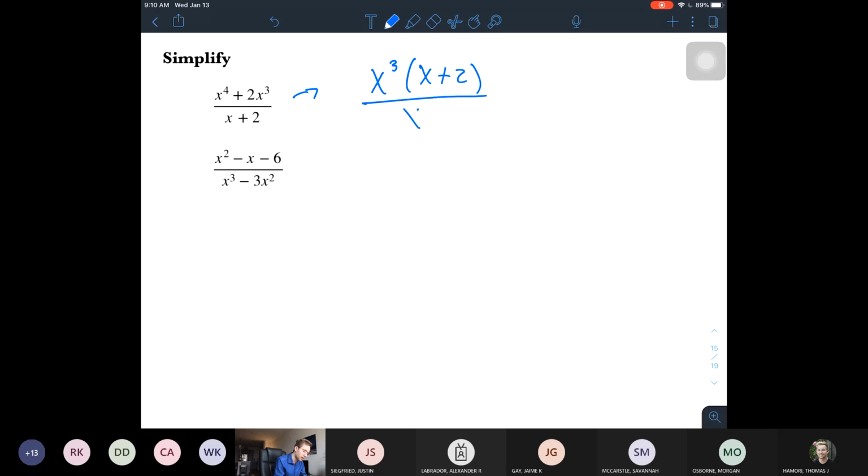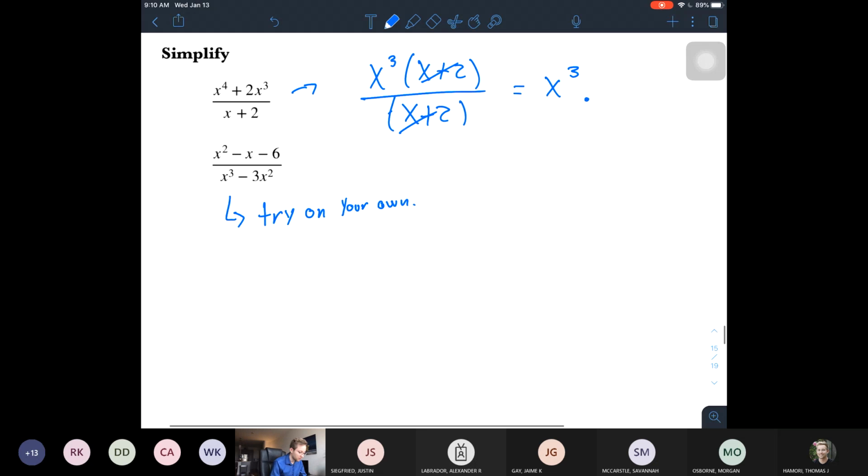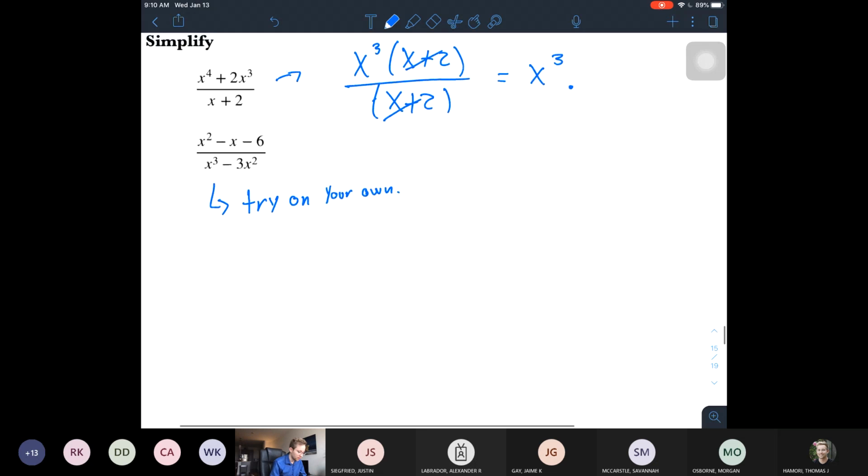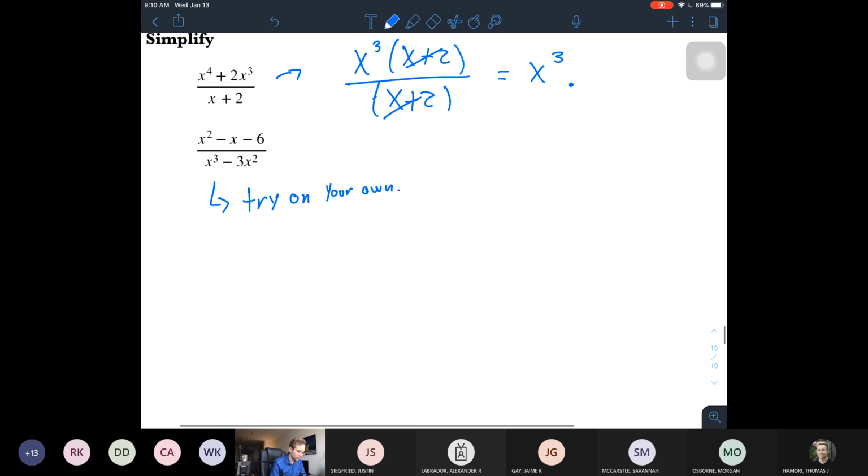And then in the denominator, we have x plus 2. We see the same thing on top as on bottom, so we cancel those out, and we're just left with x cubed. That was an easy one. Now let's try the second one on your own, and I'll give you 1 or 2 minutes. And then we'll come back.